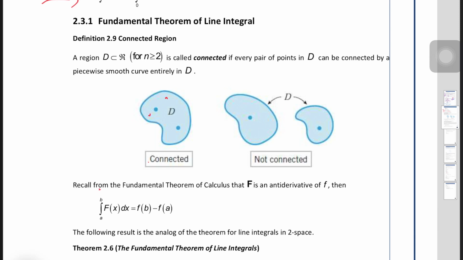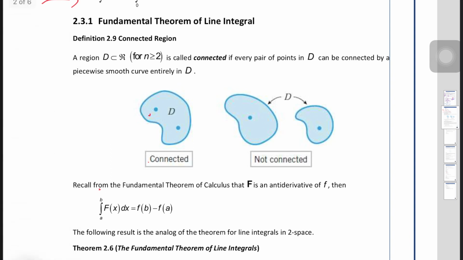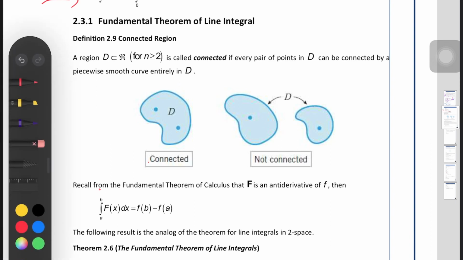Jadi kita tengok di sini, kita tengok connected region tu apa maksudnya. A region D subset of a real number R^n, where n greater or equal to 1, is called connected if every pair of points in D can be connected by a piecewise smooth curve entirely in D, iaitu dikatakan sebagai connected, dia berada dalam satu domain yang sama.